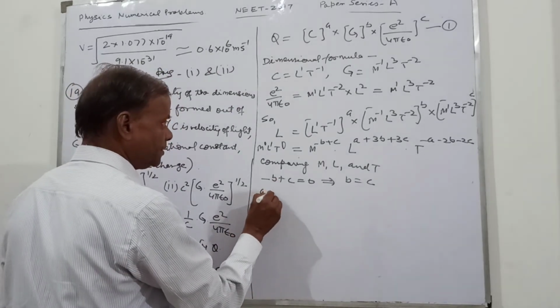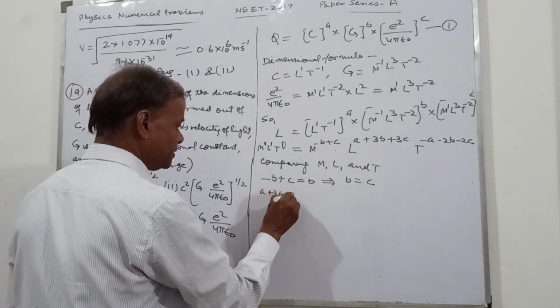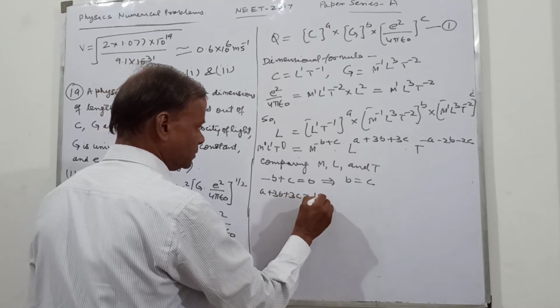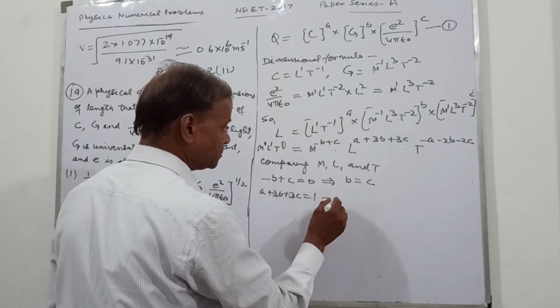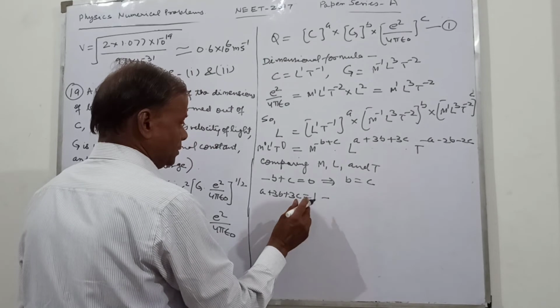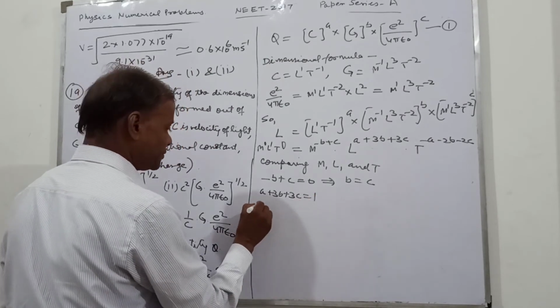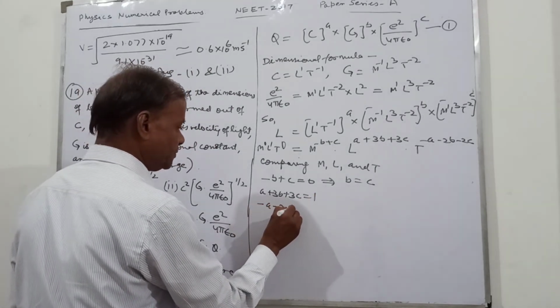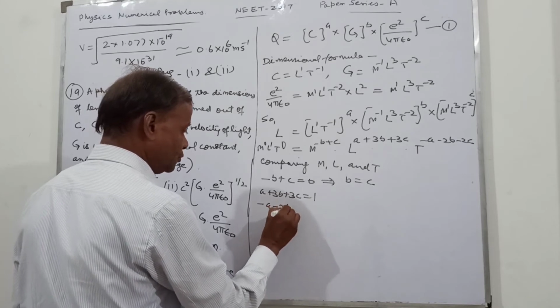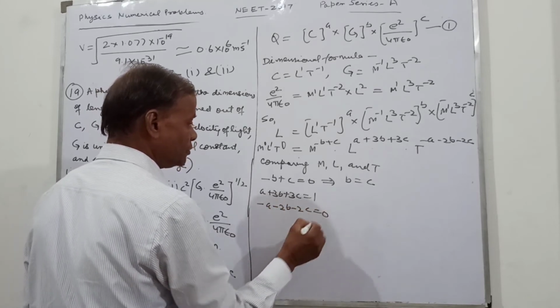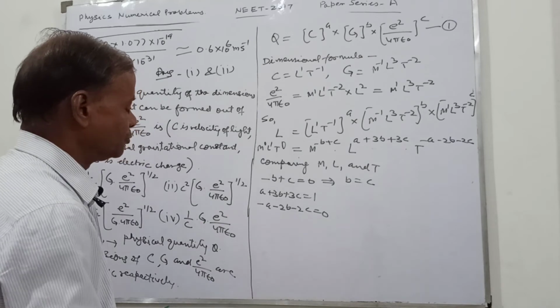Now a plus 3b plus 3c is equal to 1. And then minus a minus 2b minus 2c is equal to 0. So now b equal to c.